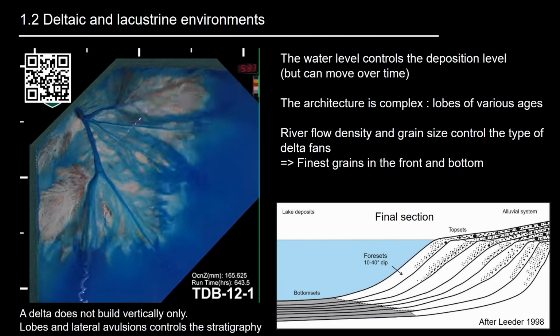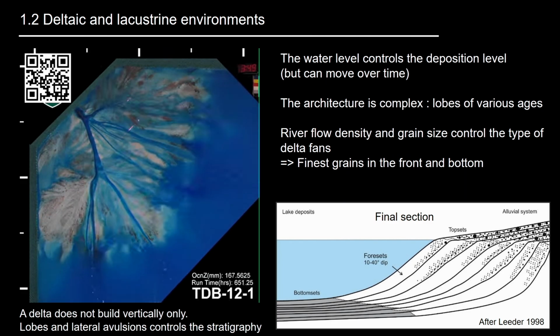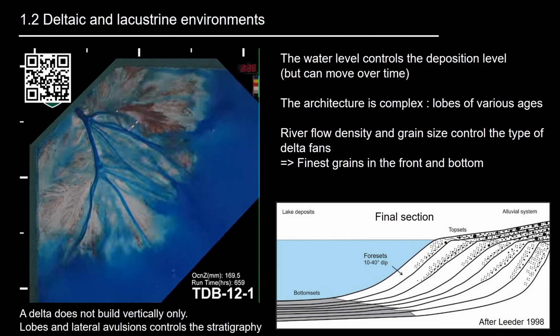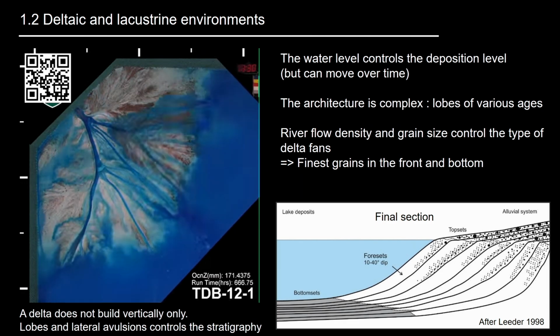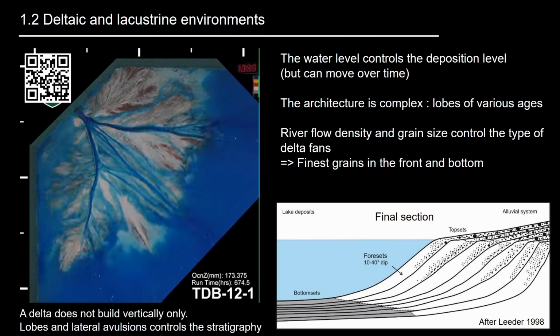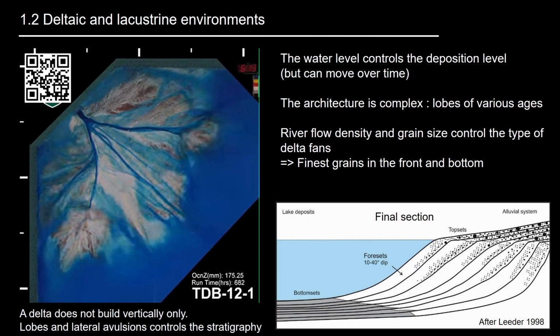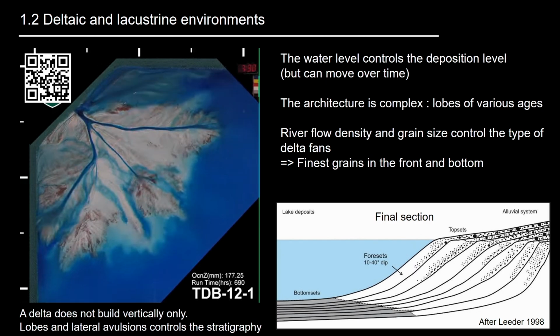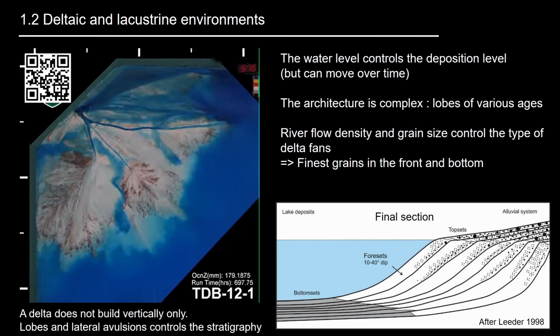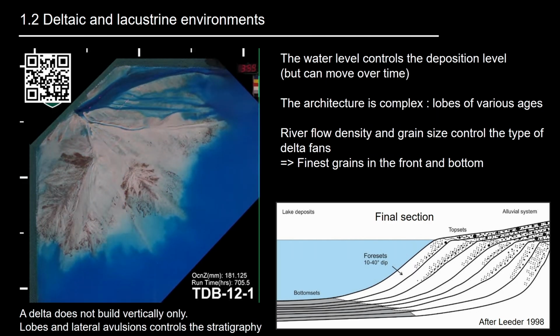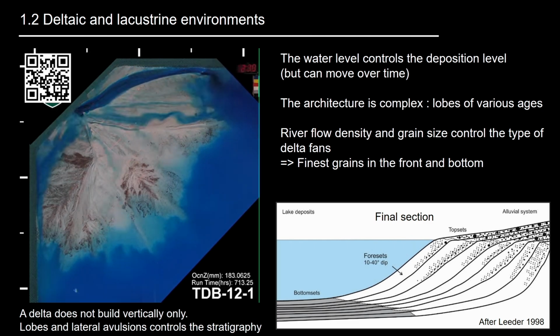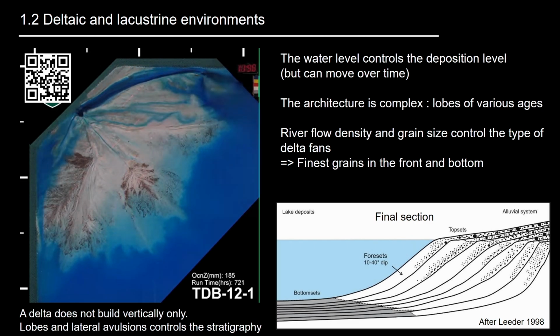And you can see several rivers can be active at the same time. So it's complex, and even on Earth it's very difficult to reconstitute the evolution of a delta from the beginning to the end just by looking at the final stage, because you don't have all the intermediary stages.